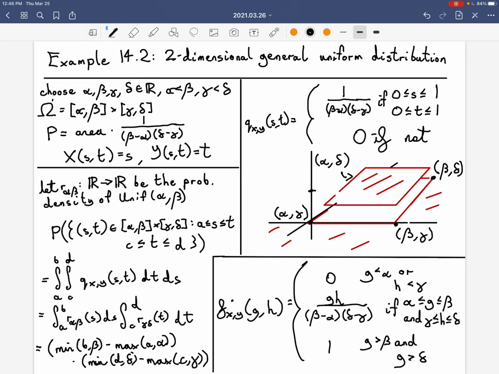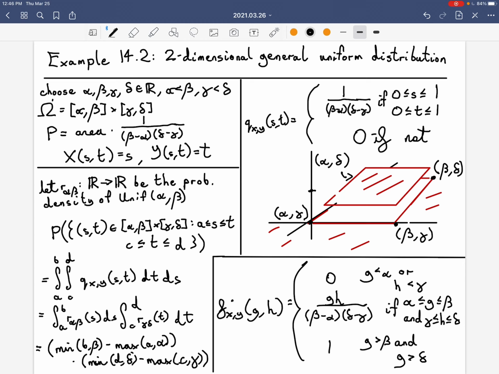And if the other side of the table is gamma delta, I need to use the one-dimensional general uniform with gamma delta, and integrate that from c to d.